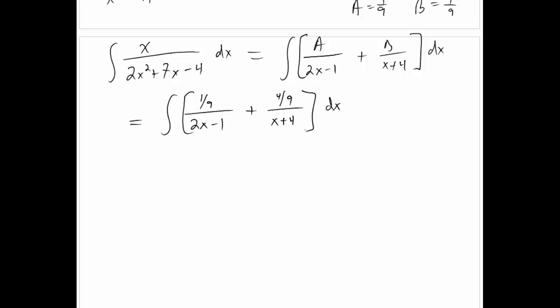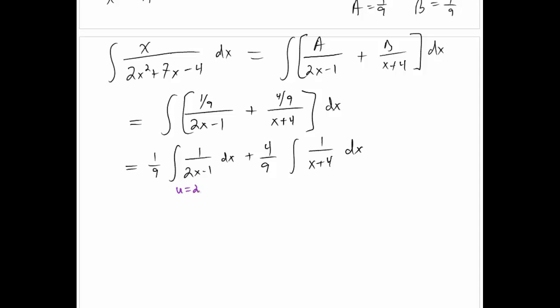And now I can break this up into two integrals. I can write this as 1/9 of the integral of 1 over 2x minus 1 dx plus 4/9 of the integral of 1 over x plus 4 dx. And now these are both going to end up being natural logs. We have to be a little careful. We have to make a u sub here.